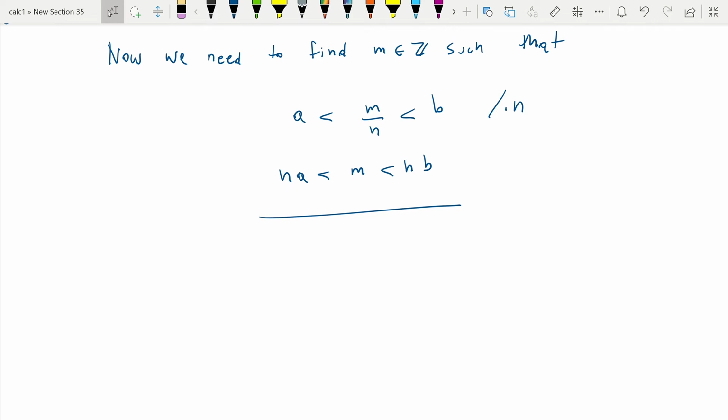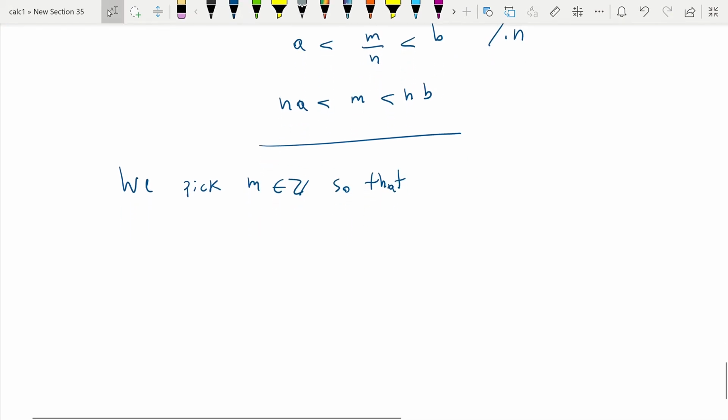So we actually want to pick the smallest number m that is bigger than na. So we pick m in Z such that m minus 1 is smaller than or equal to na, but m is strictly bigger than na.